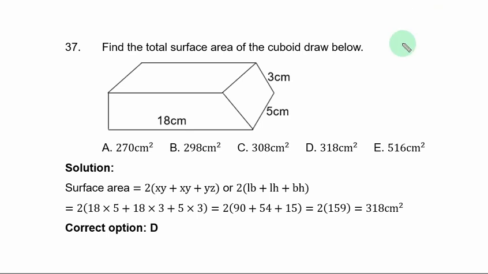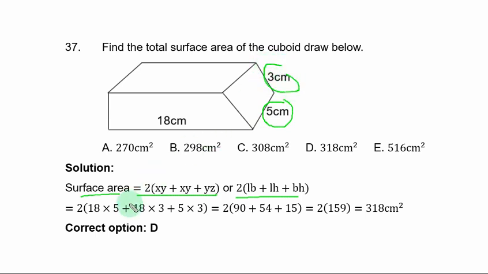Question 37. Find the total surface area of the cuboid drawn below. Solution. Surface area of a cuboid is this or this. From the diagram, the length is 18, the breadth or width is 5, and the height is 3.